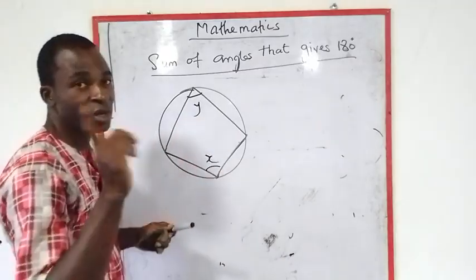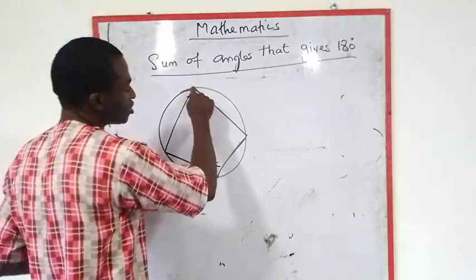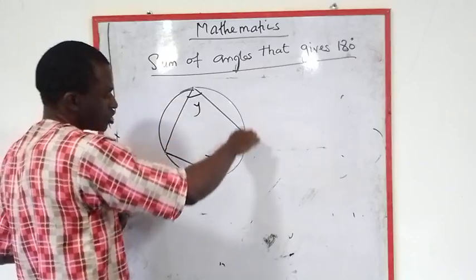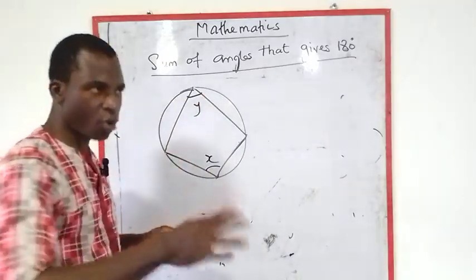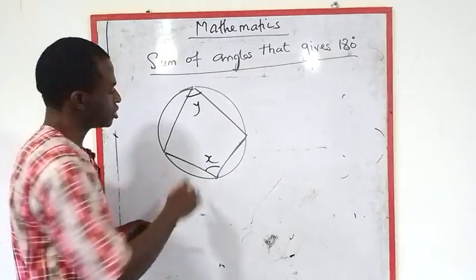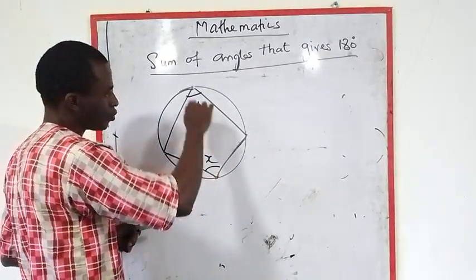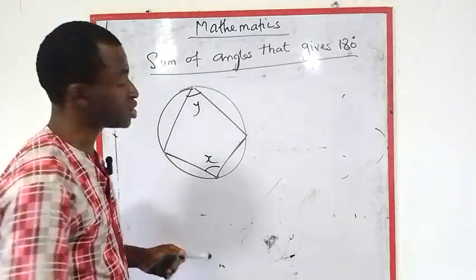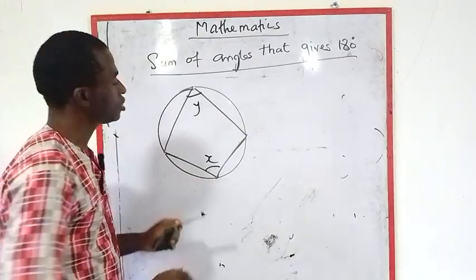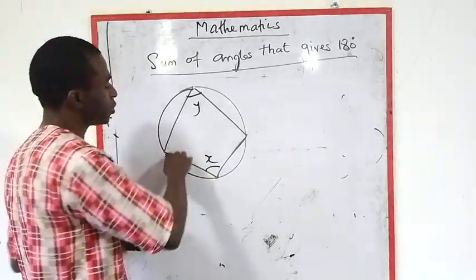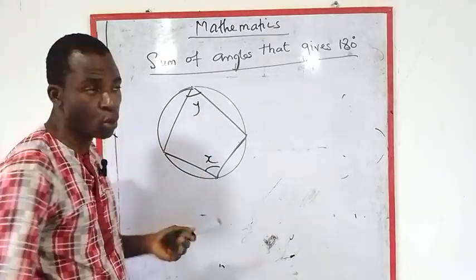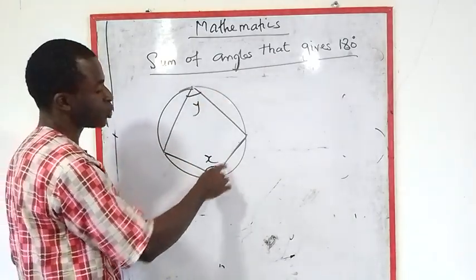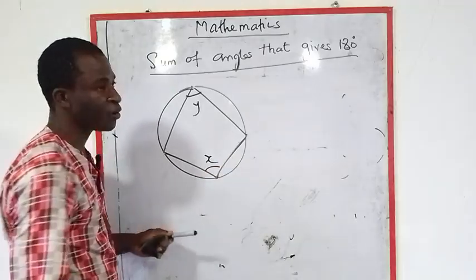The vertices of the quadrilateral must touch the circumference at 4 points. Some people make the mistake of seeing a quadrilateral and start applying the principle there. No, it is when the vertices touch the circumference of the circle.